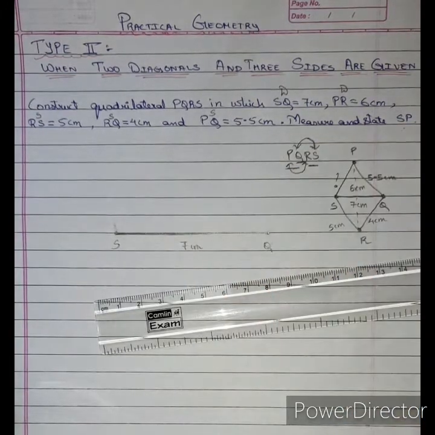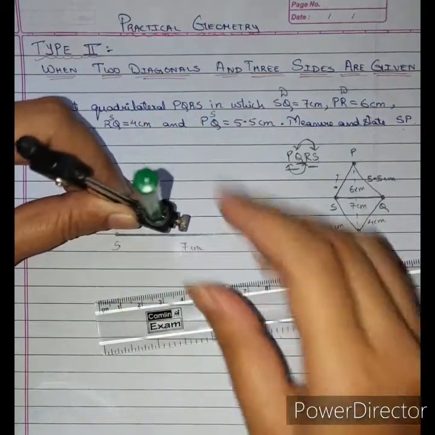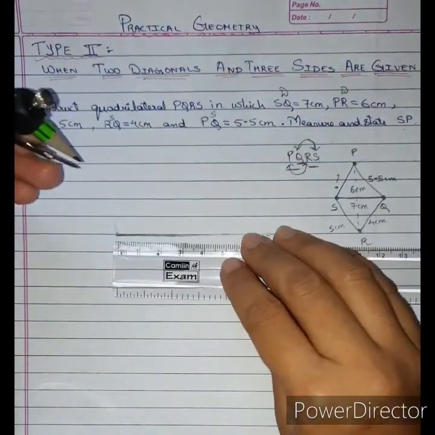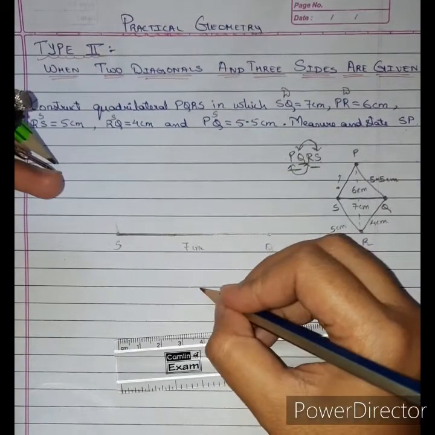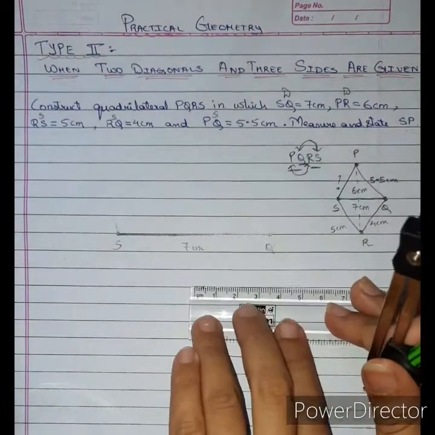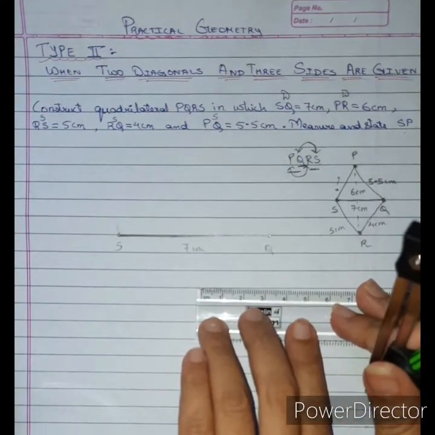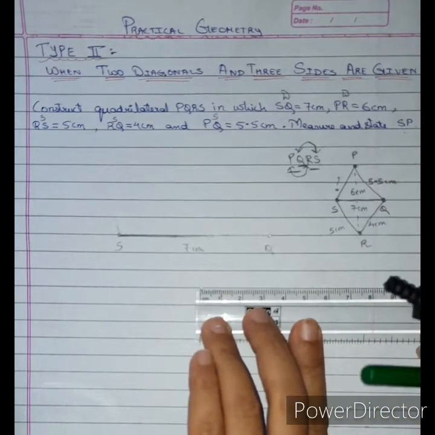So I'll take the scale and the pair of compasses, with the tips aligned by keeping them on a hard surface. Let me take a reference point anywhere outside. I need 5 cm first.